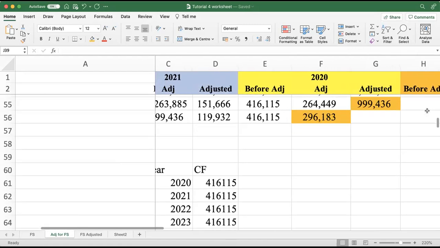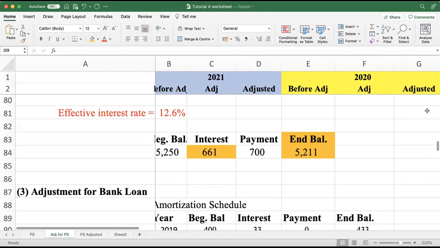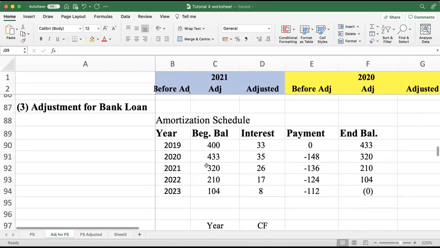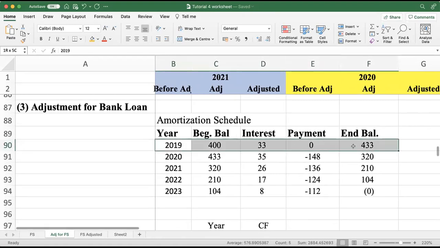So you see again, by the end of 2019, bank loan balance 433. Out of that 100 has to be paid within the next year. You know, each year you pay the bank loan 100,000 plus interest.